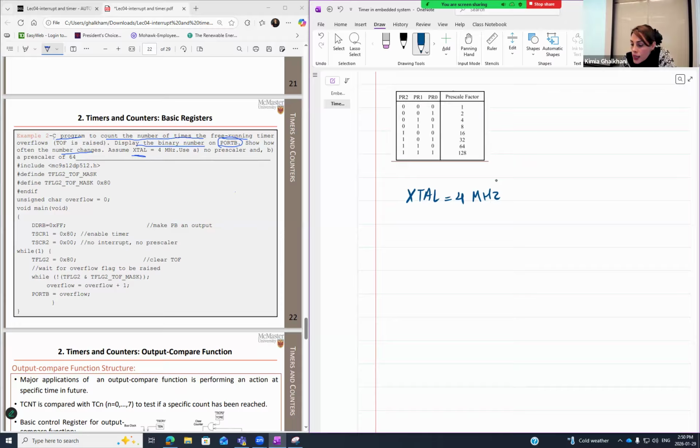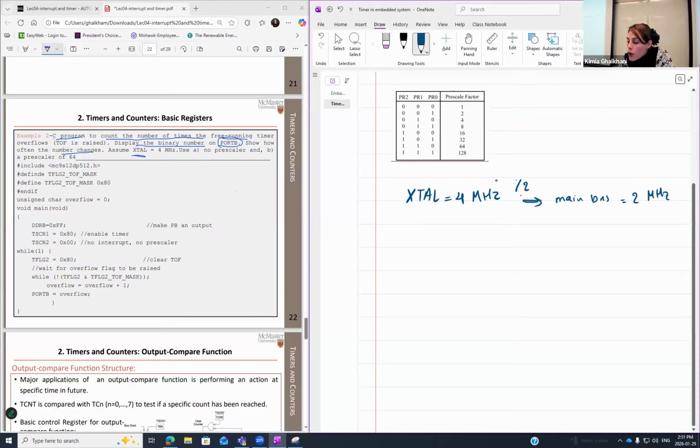And then divided by 2. I have to divide by 2 in order to find the main bus frequency. Then the main bus frequency will be 2 megahertz. Now I'm going to look at the prescaler.